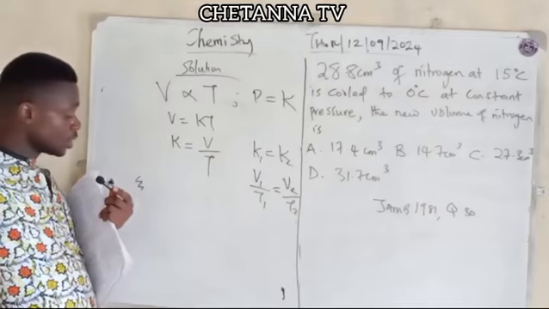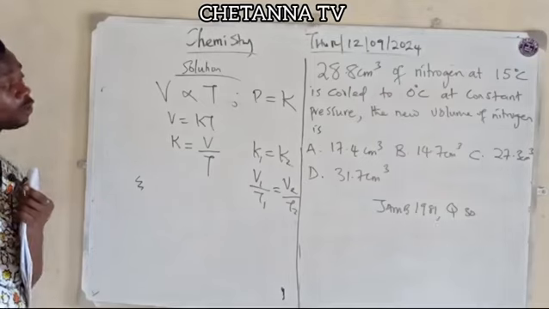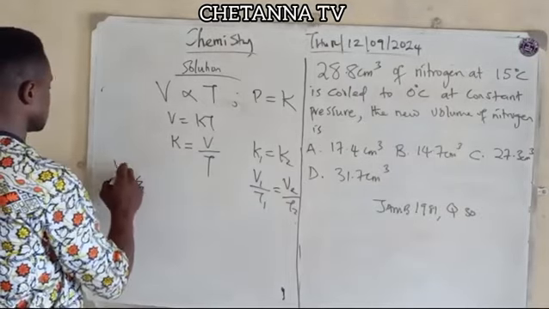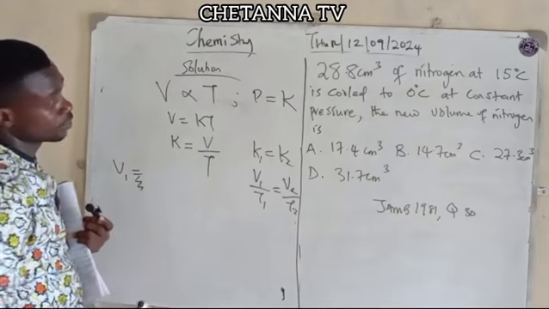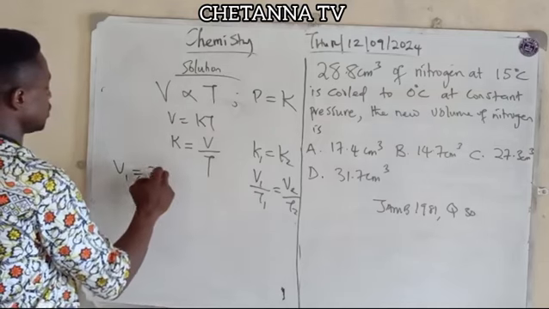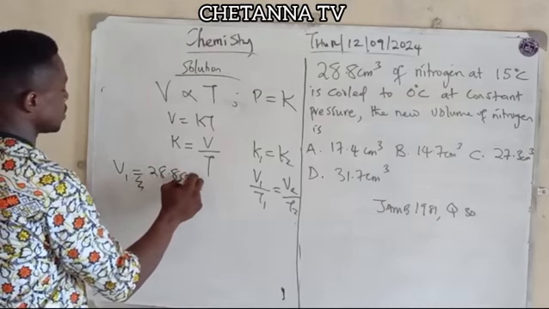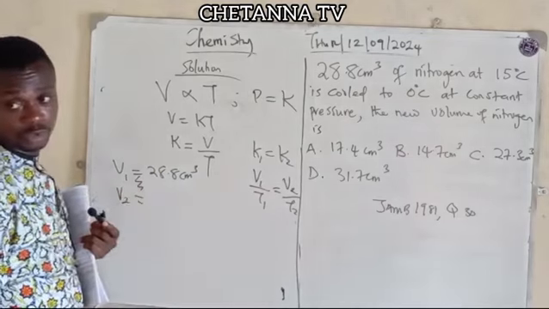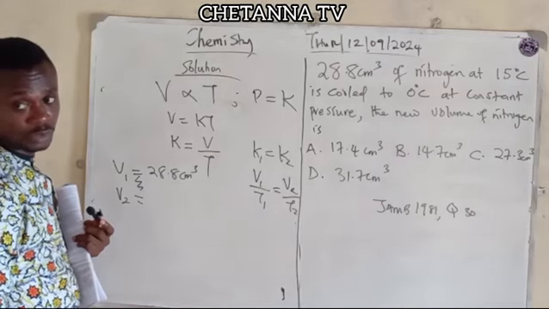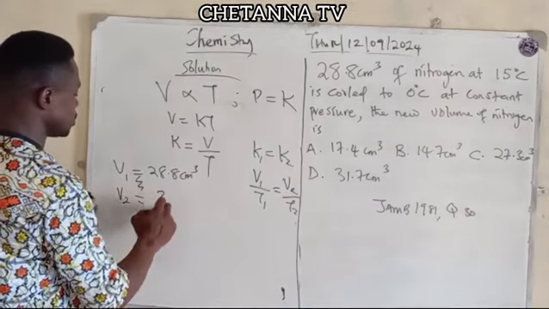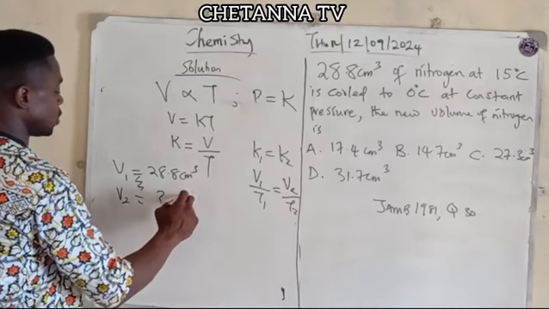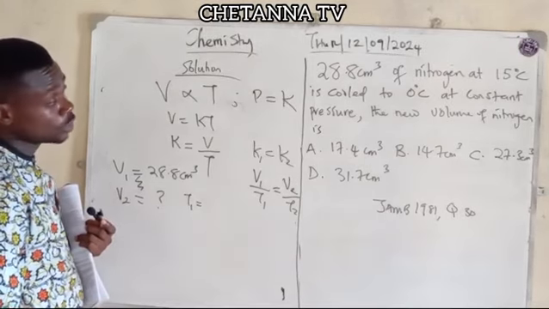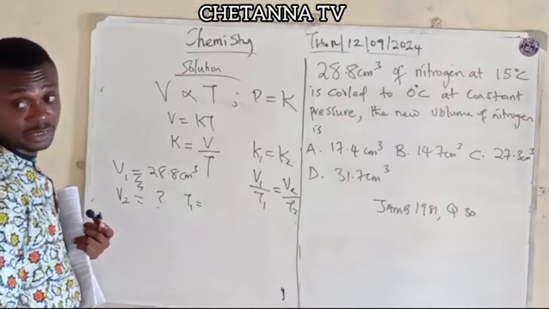Is it clear? Now from the values given to us, V1 is 28.8 cm³. V2 is unknown; we are looking for it. Then T1 is 15 degrees Celsius.